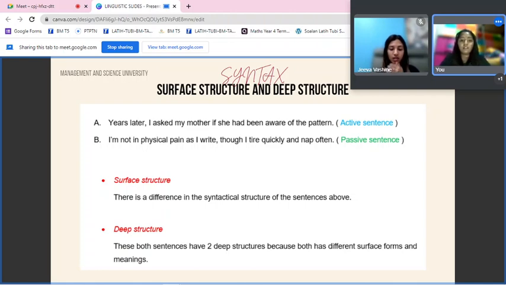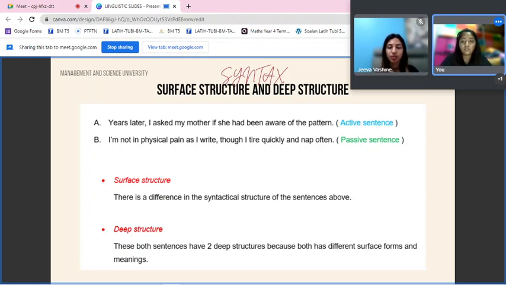As an example from our article, for the first one: years later, I asked my mother if she had been aware of the pattern. This sentence resembles an active sentence. For the second one: I'm not in physical pain as I write, though I tire quickly and nap often. The second one would be a passive sentence.